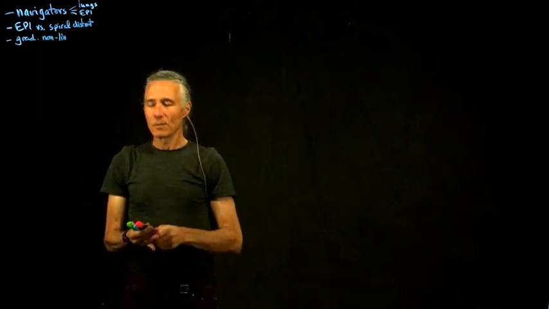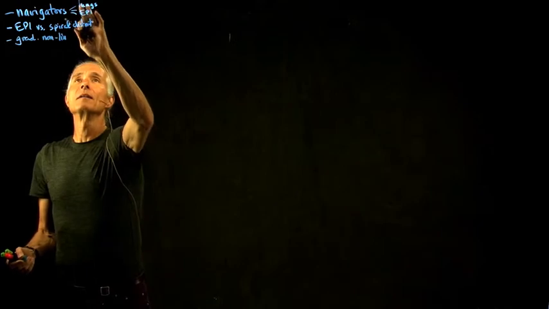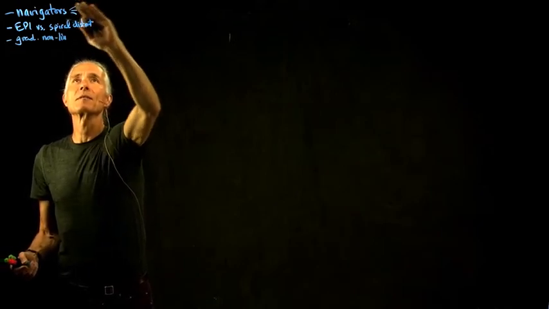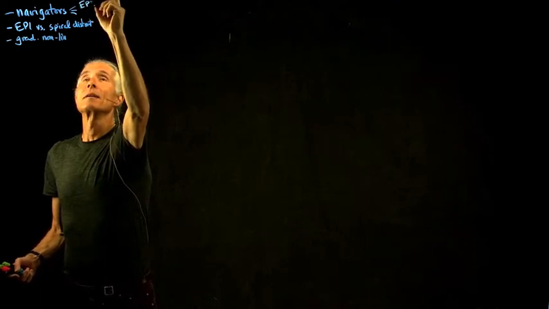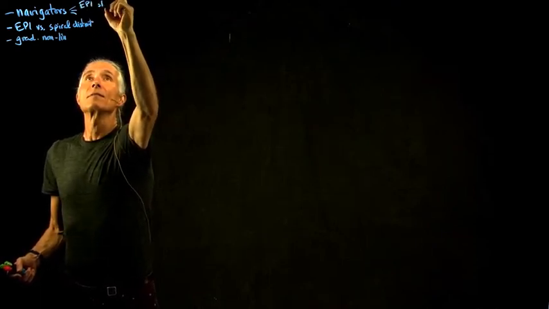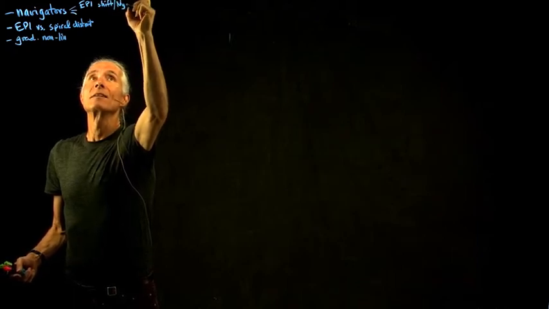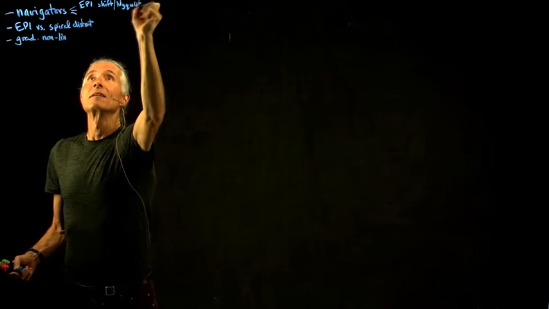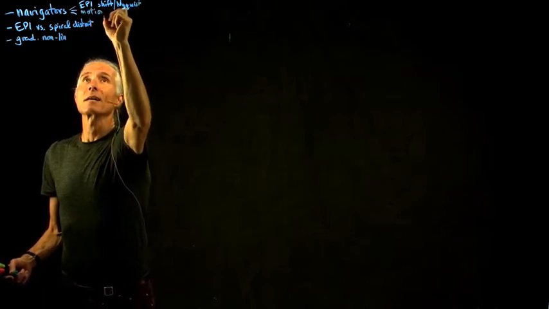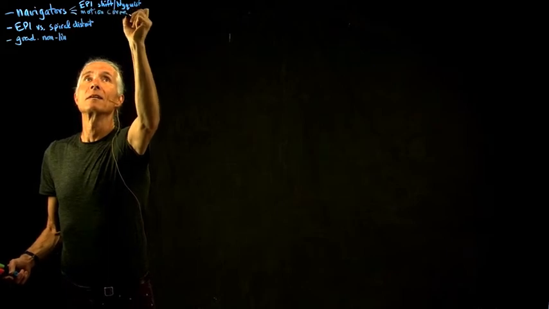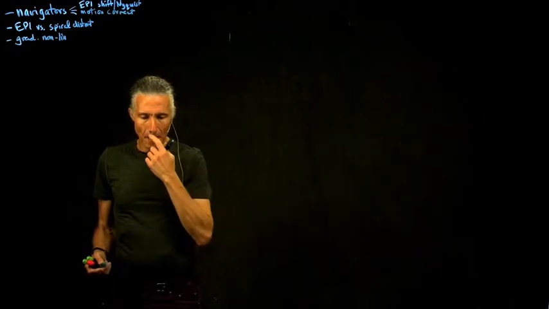So the first one was EPI shift / Nyquist. But you can also use this for motion correction, and that's more like the lung case. So how does this work?